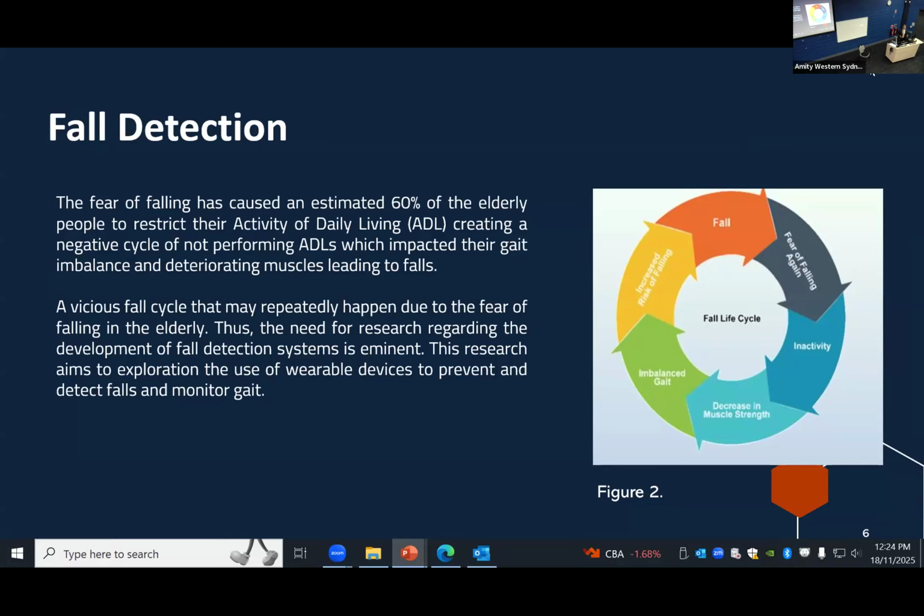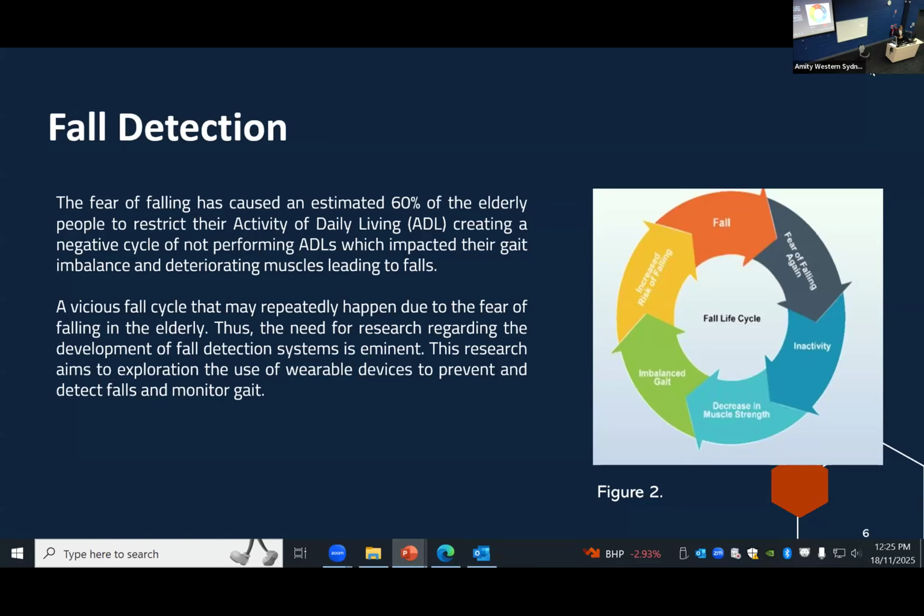The mental issue is actually much more difficult to fix, because once you have had a fall in old age, you have a fear of falling again. That causes people to reduce their activity: not moving a lot, not continuing with yoga classes or aqua aerobics classes or other activities.